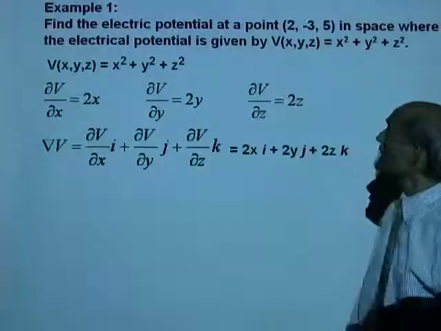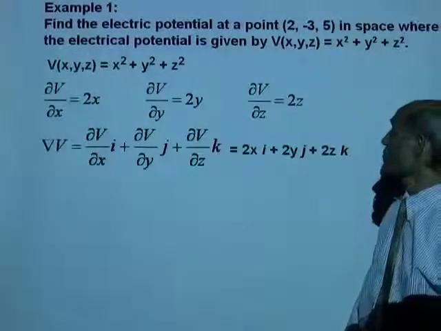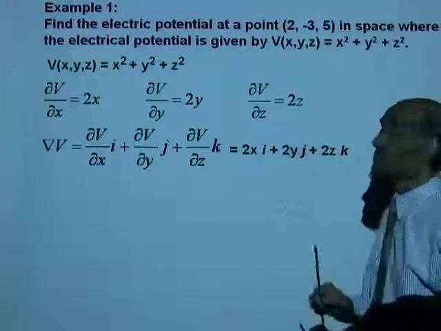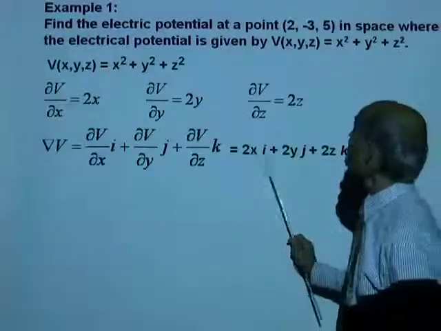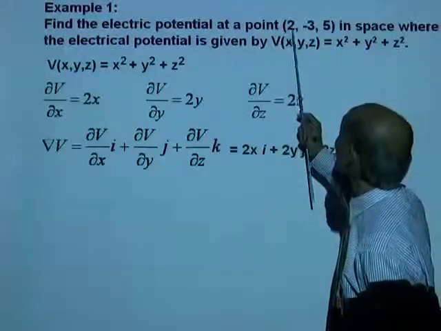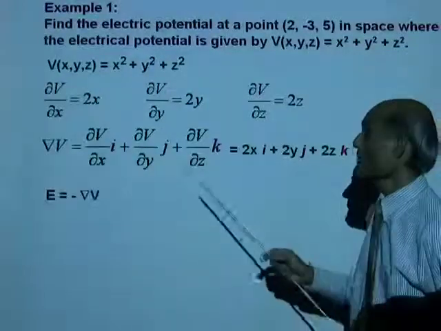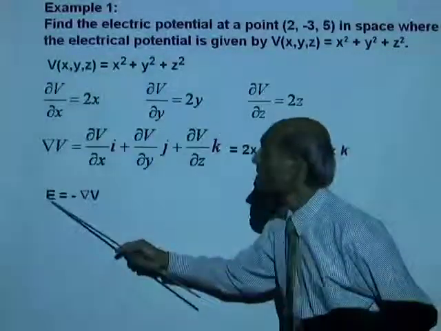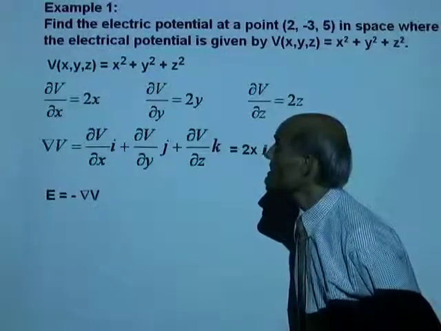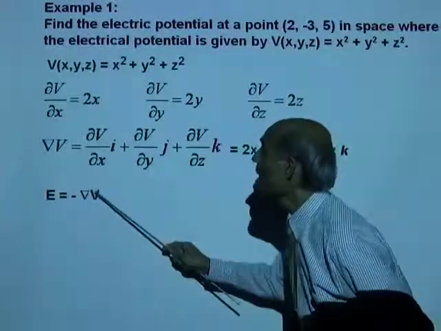That will be 2x i plus 2y j plus 2z k. And what is the value of this at this point, 2, negative 3, 5? Well, you got electric field E equal to negative del V.